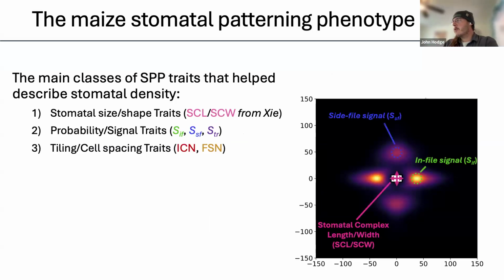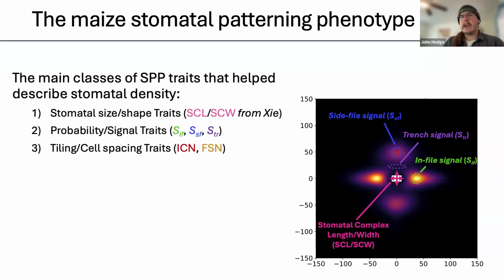The first was the in-file signal, which are those very bright spots immediately to the right and left. We also had this side file signal, those two fainter peaks above and below our origin. And one thing that becomes really stark as you look across a lot of these is there's always this trench that seems to cut off the side file from the in file signal. And that gap was actually pretty important as well.